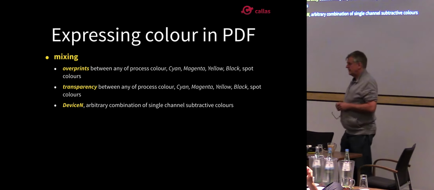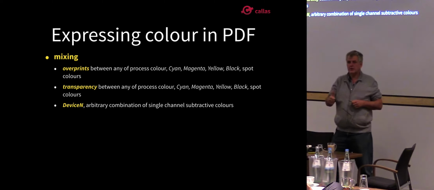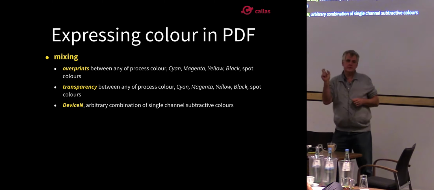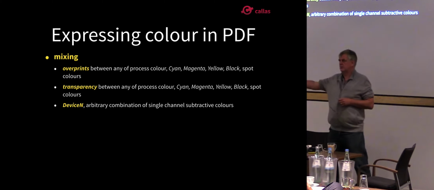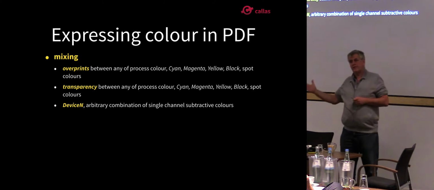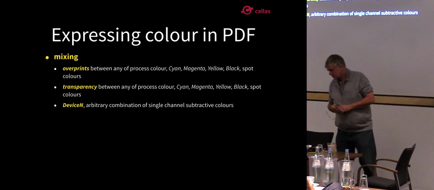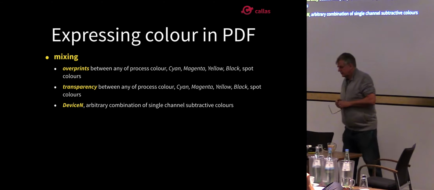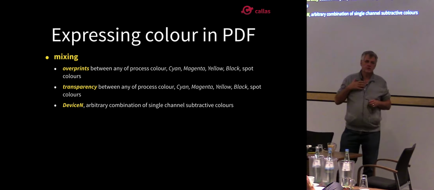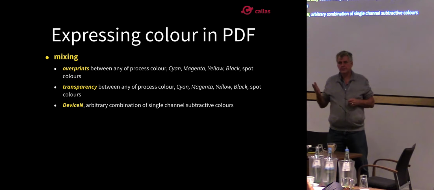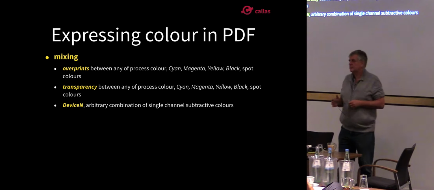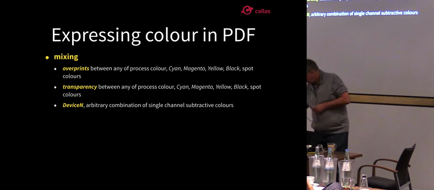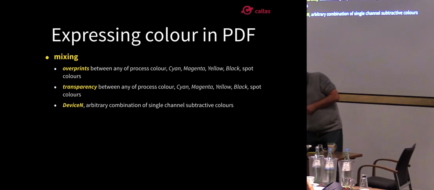You could set up a DeviceN color space that uses magenta and yellow, so you could combine them, get red somehow, and maybe then a blue. And you could mix the blue and the yellow and get a green effect, and so on. So that makes it possible to combine arbitrary channels, including spot colors and cyan, magenta, yellow, and black, in any combination you want.